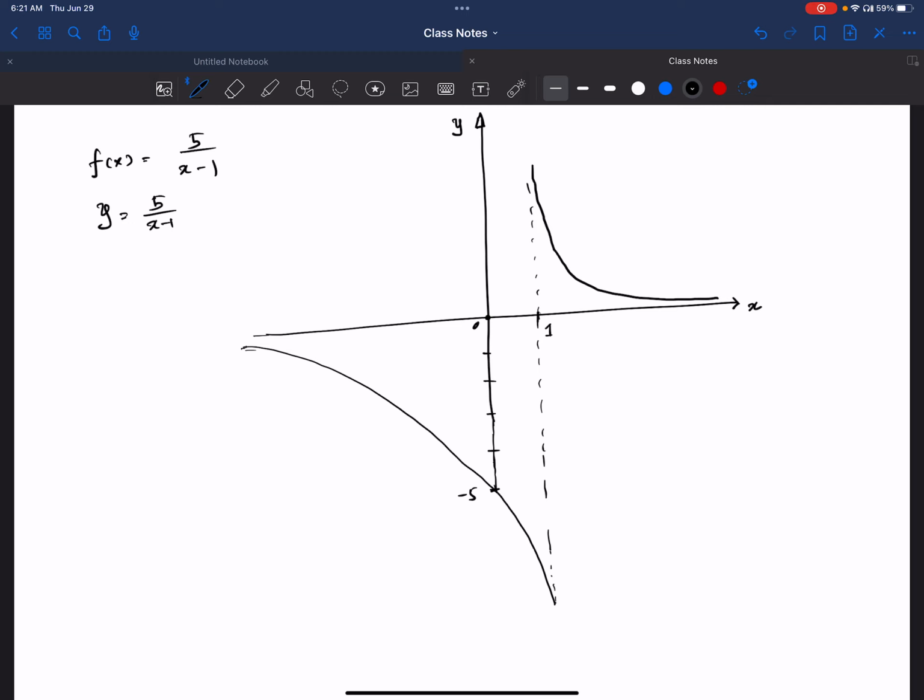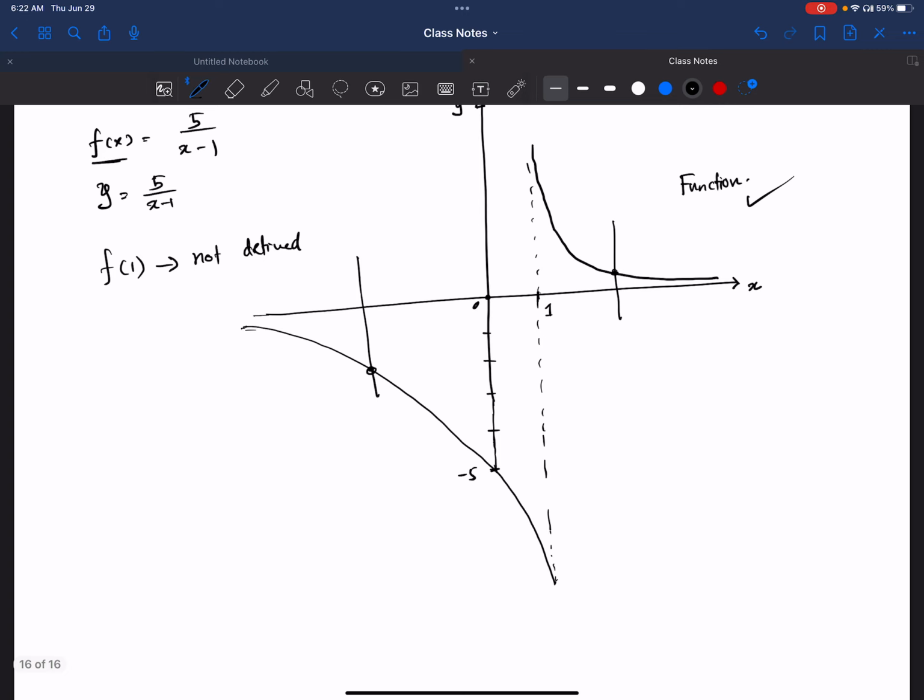Okay, so you can draw any vertical line and it does not intersect the graph of the function at two distinct y locations. So this is a function. And you can see that the value of f of 1 is not defined. So we need to exclude that.